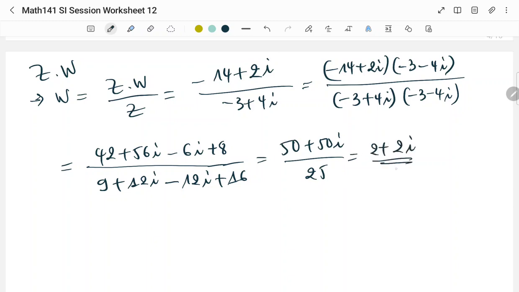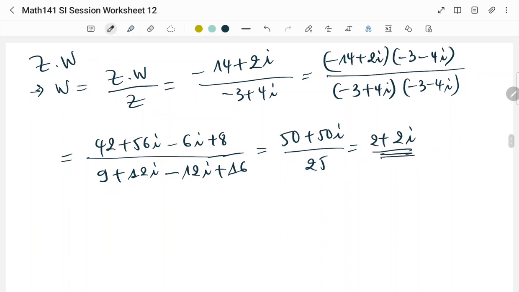So that is the value of our complex number w.